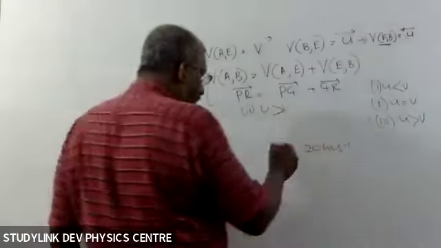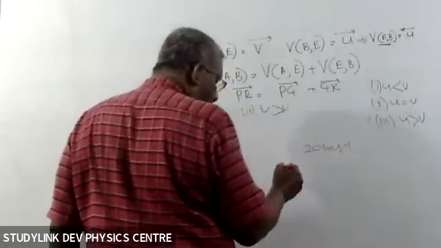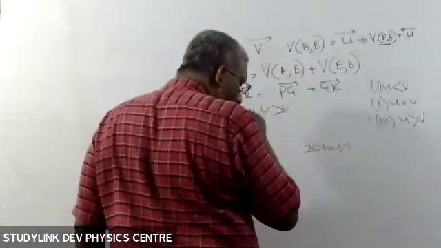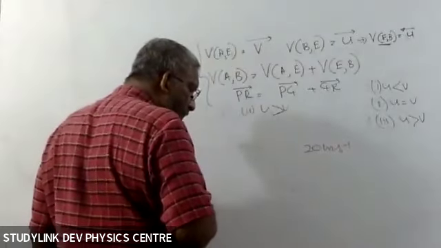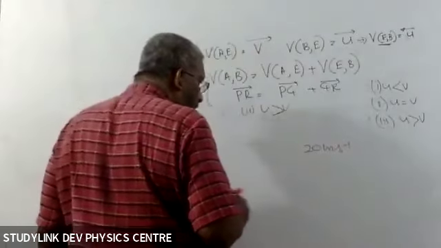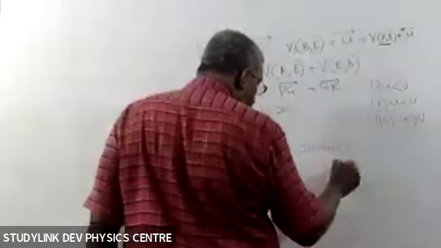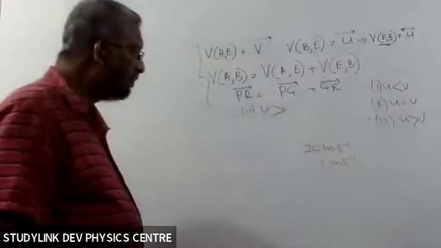A lorry is moving in the same direction, that means moving to the east, with a velocity of 12 m s minus 1.